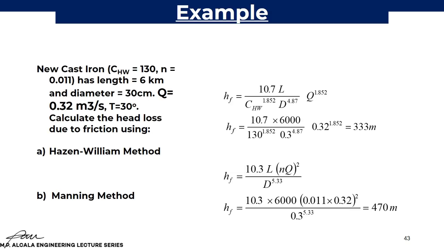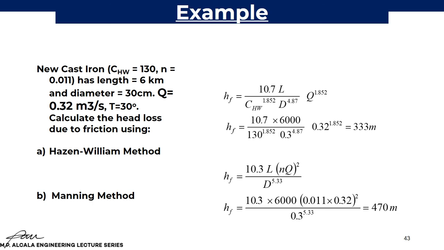So just one equation, one example. New cast iron has a length of 6 kilometers, diameter of 30 centimeters or 0.3 meters, with a discharge of 0.32 cubic meters per second at temperature 30 degrees Celsius. We are to calculate the head loss. Simply plug and play.